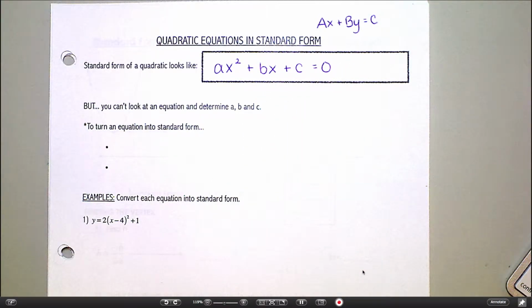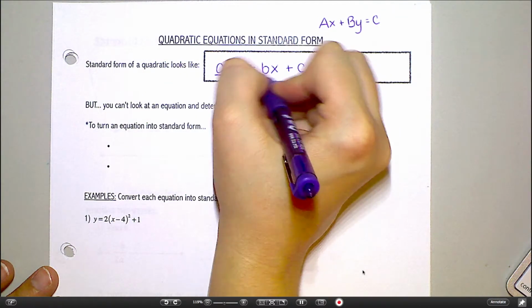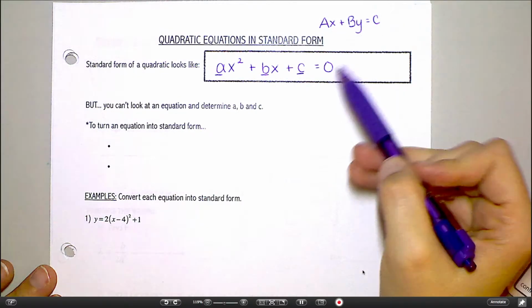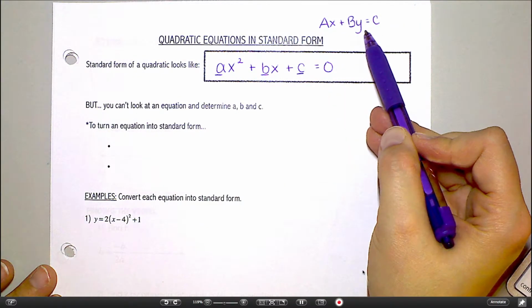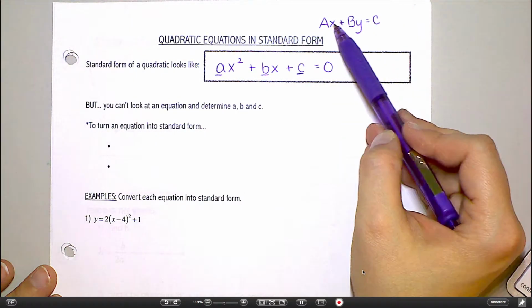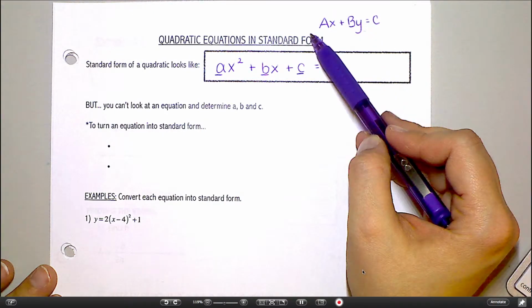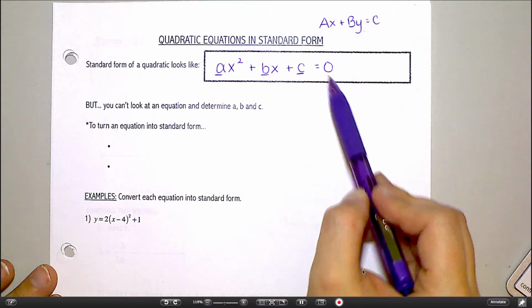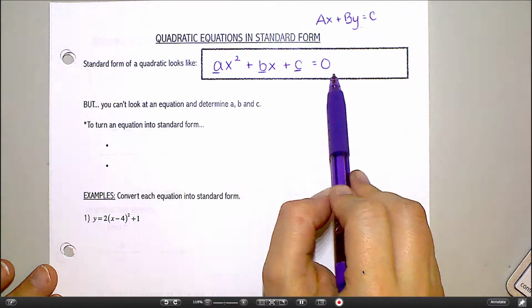And again, the a, the b, and the c are all going to be numbers when you're looking at one of these. Now notice that's a little bit different than this, in that in this one you had x and y together on one side, and then you had a constant over on the other side. Here your constant is moved over and then it's equal to 0.